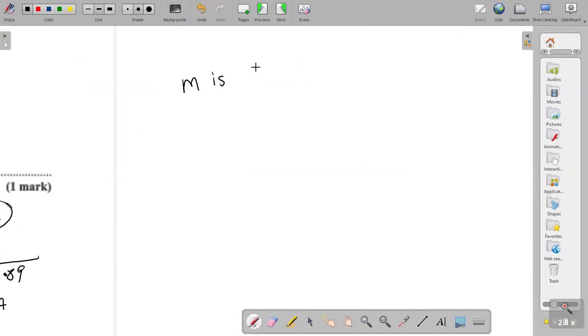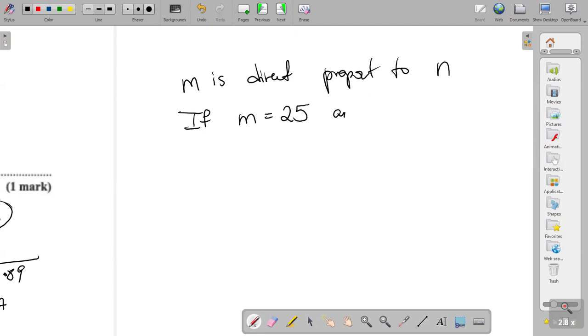M is directly proportional to N. If M is equal to 25 when N is 4, hold on, let's see.